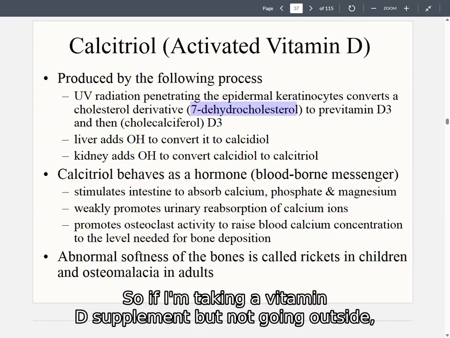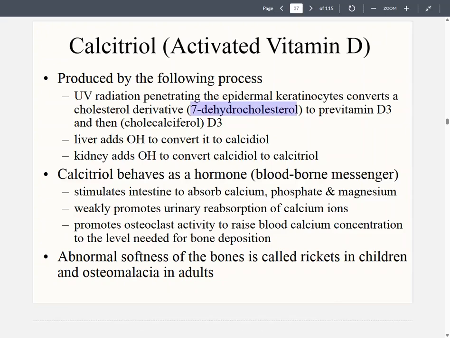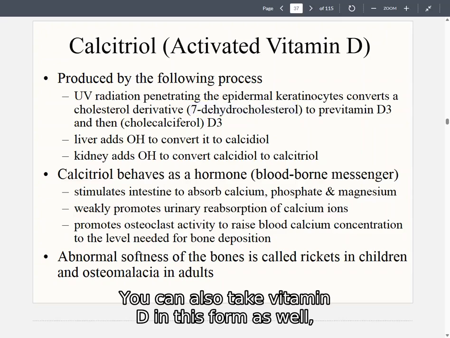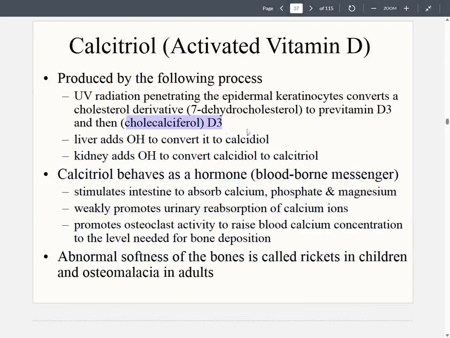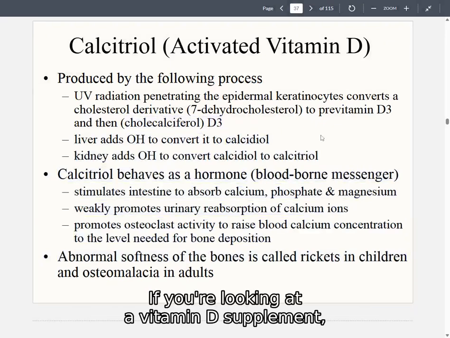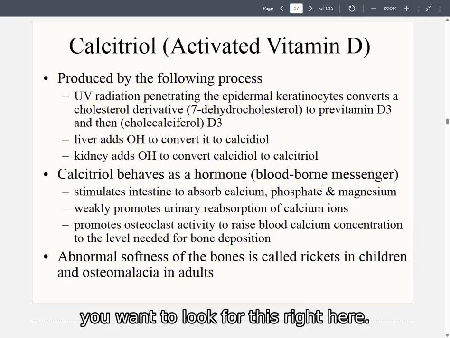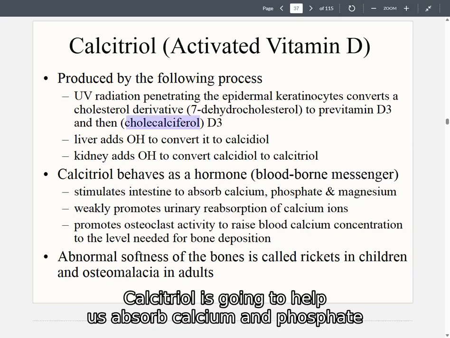So if I'm taking a vitamin D supplement but not going outside, it does me no good. You can also take vitamin D in this form as well, but this is the one that's typically found on the market. So if you're looking at a vitamin D supplement, you want to look for this right here. All right.